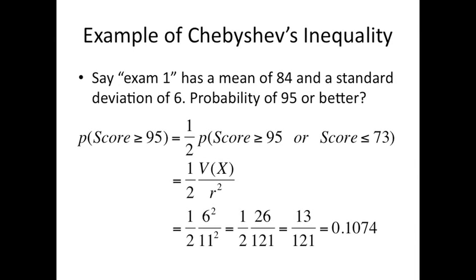Now, it's tempting to simply plug in the values to Chebyshev's inequality, but it's important to note that this would give us the probability that the nerd scored better than 95 or worse than 73. In order to correct for this, we divide our probability by 2, as we are only considering half the values. Our variance is 6, r is 95 minus 84, or 11, and so we find that the probability is a little under 11%.